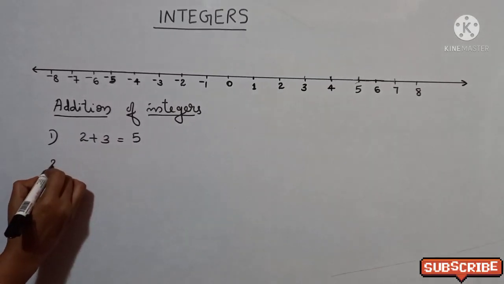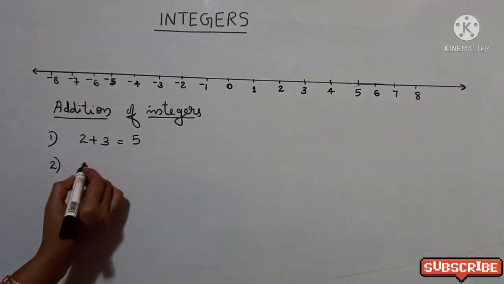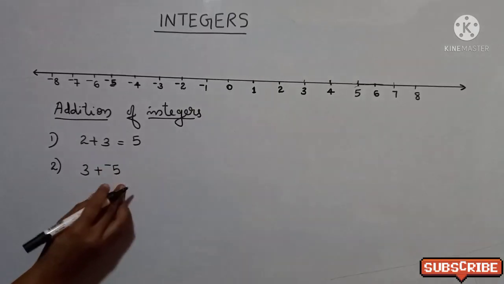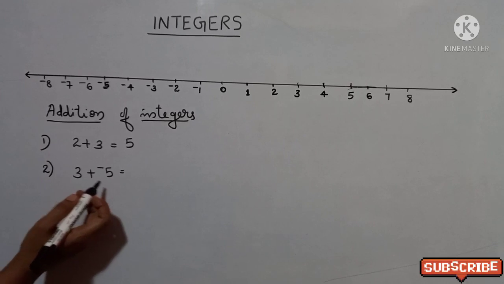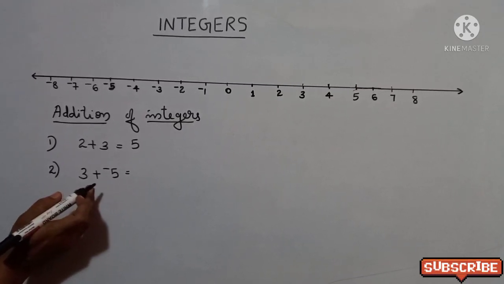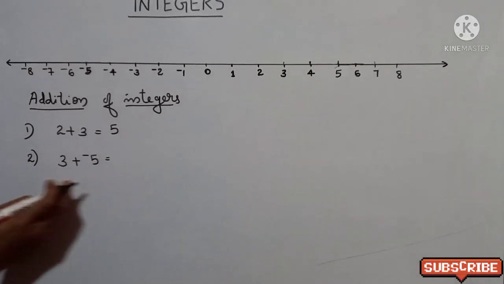And second, we can take one negative integer and one positive integer. Let it be 3 plus minus 5. I'll show you by using this number line, and after that you may not forget it. When we are adding a negative integer to a positive integer, we have to move towards the left.